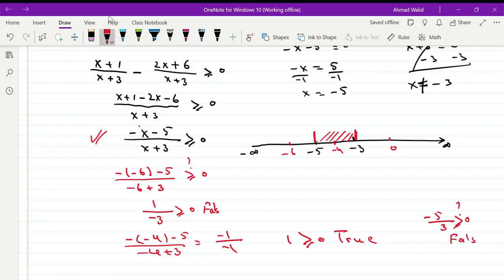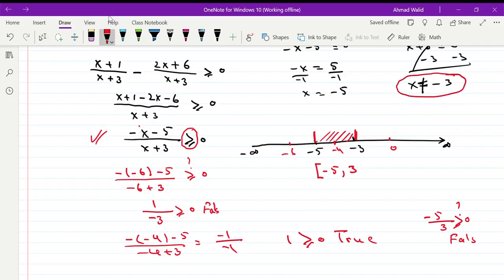Then where is the solution? The solution, look here, something I'm explaining. Because your inequality is greater equal 0, you have to use bracket, right? Then bracket negative 5, comma negative 3. Be careful. Your negative 3 was your vertical asymptote, correct?